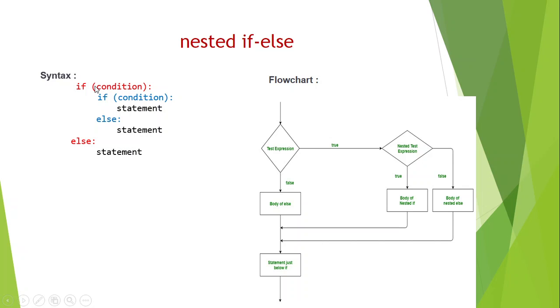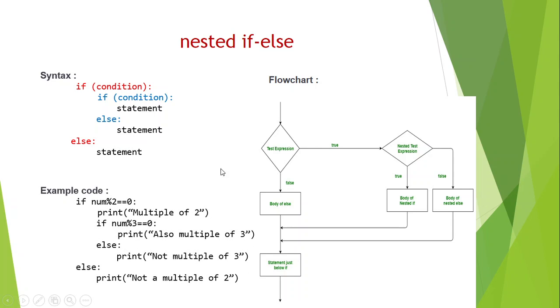If the condition for the red if evaluates to true, then the condition for the blue if is checked. If it is true, the statements are executed. If the condition for the blue if evaluates to false, then the blue else will be executed. And if the condition of the red if evaluates to false, then it directly executes the red else, skipping this block of if.